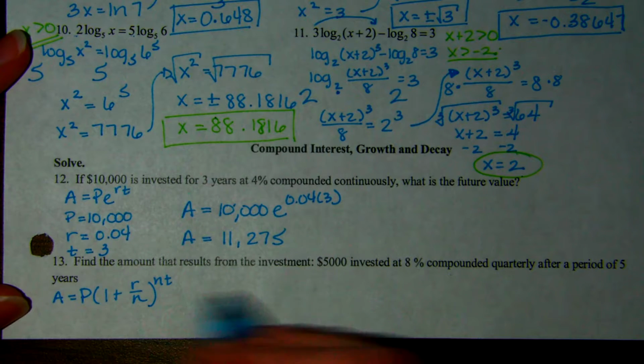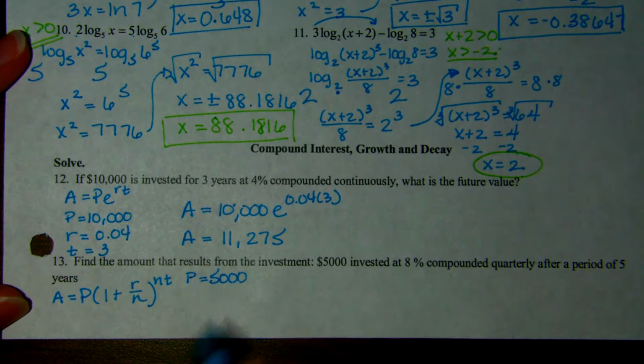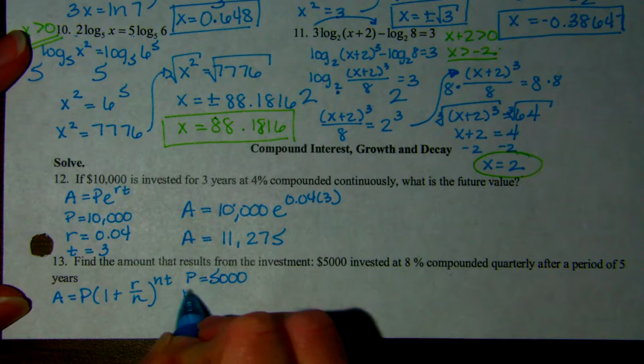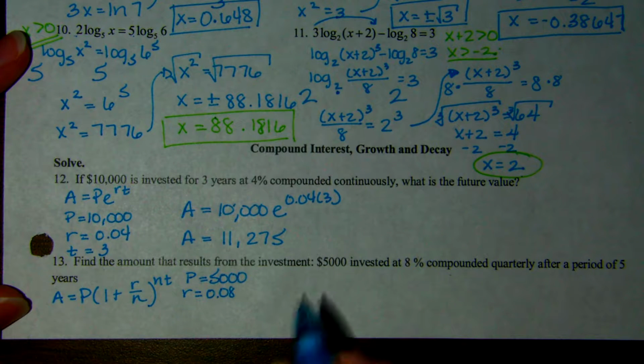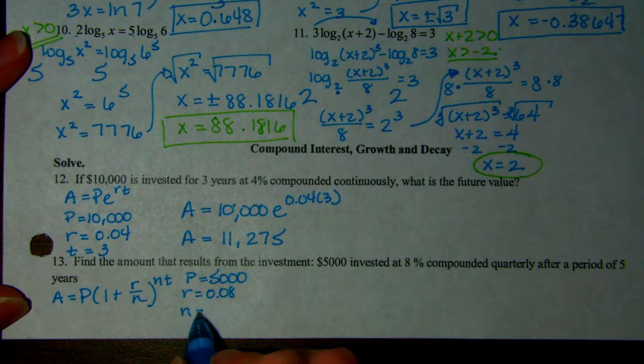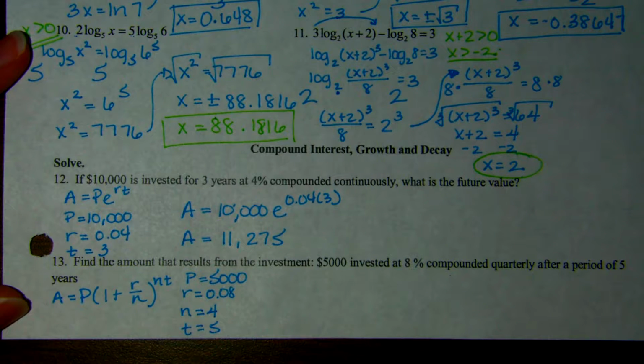And so they told us most of this. They told us the principal is 5,000. They told us the interest rate is 8%, so it's 0.08. They told us it's compounded quarterly, so n is 4 times a year. And they told us that we're going to leave it in the account for 5 years.